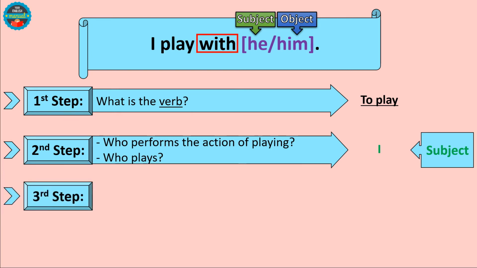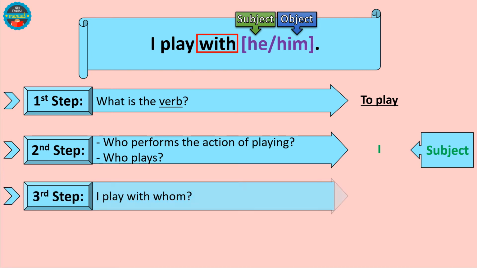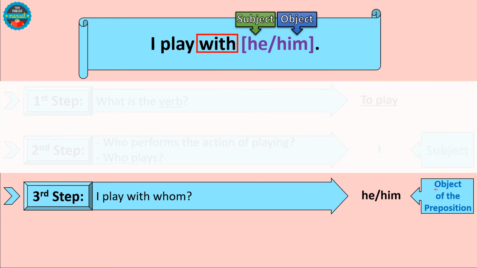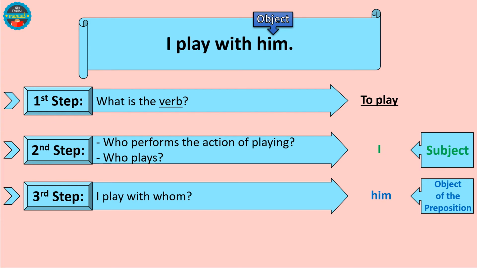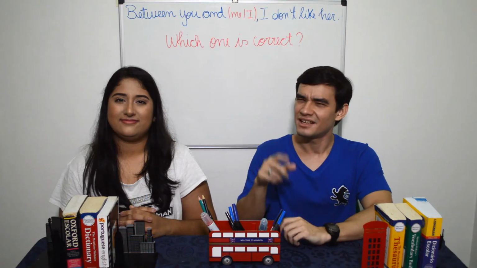Then we ask, I play with whom? Answer, he or him. So he or him is the object of the preposition with in this sentence. Since it's acting as an object, instead of using the subject pronoun he, we have to use the object pronoun him. Therefore, the correct sentence is, I play with him. Just one more.